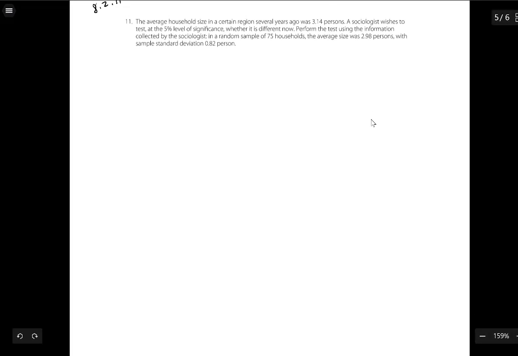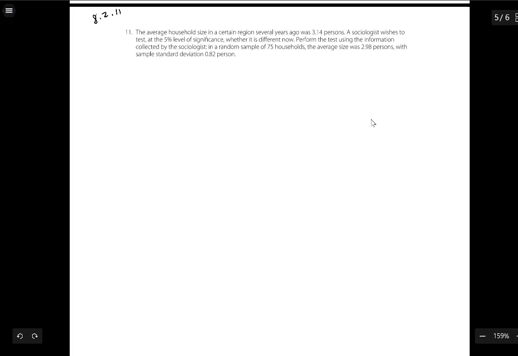The average household size in a certain region several years ago was 3.14 persons. So our mu naught is 3.14 persons.